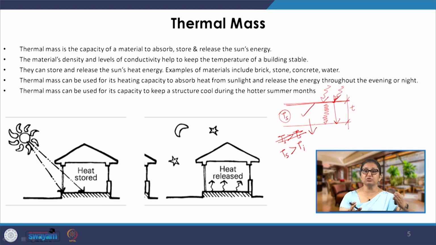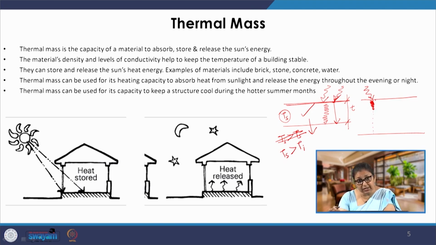It will continue to take on more and more heat, but it will transmit very little towards inside. If it is a thick stone wall, assume it to be that, and there is radiation, since it is so dense and thick and has a lot of heat capacity, probably in a day heat is transferred only up till this point and the rest of it remains at a normal temperature.